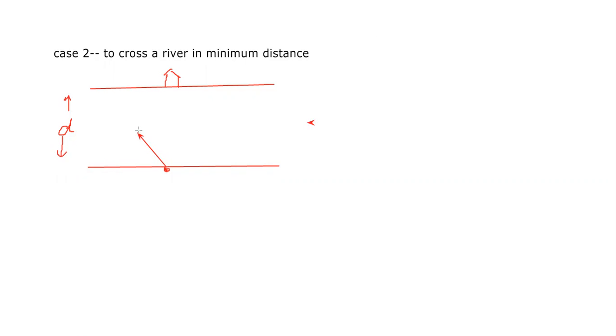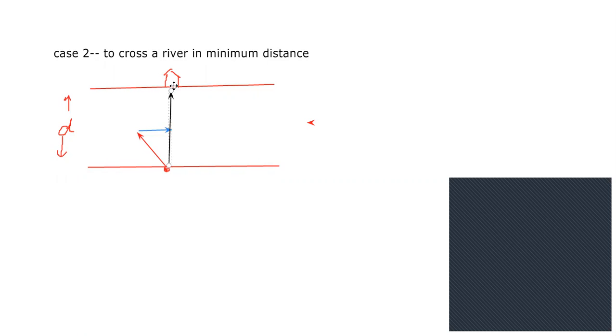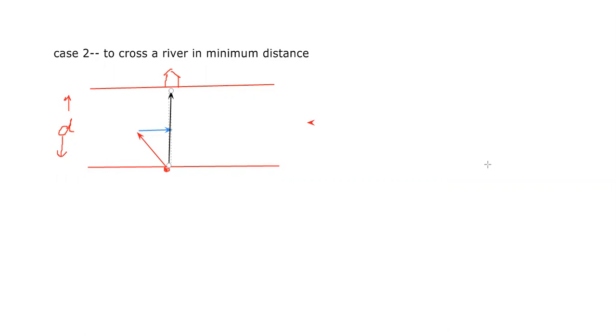That is the velocity Vm, and the velocity of river is in this direction. The resultant velocity comes directly across. This velocity is Vm, this is Vr, and this is V resultant. With the help of the Pythagoras theorem, Vm is the hypotenuse in this case.